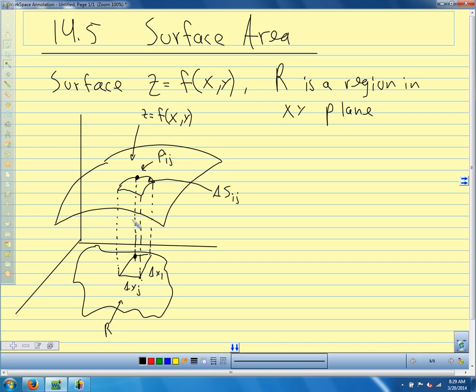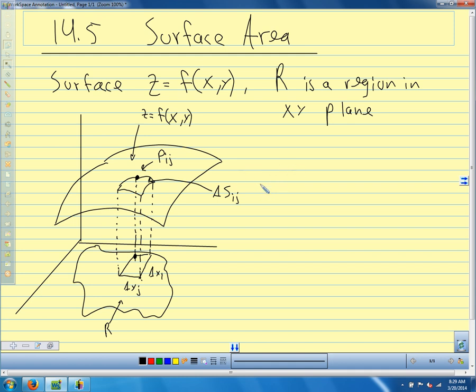Then we're going to take the sum of these little delta S sub ij's over the region to come up with our surface area. To come up with this sum, we're going to approximate this small little piece of surface by the portion of the tangent plane that lies directly above this little delta S sub ij.